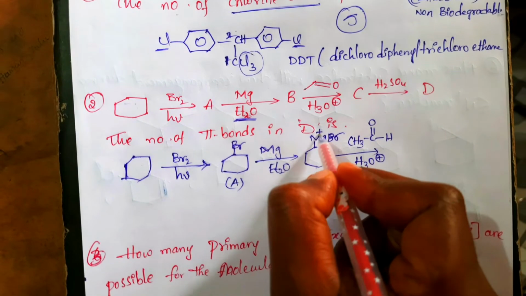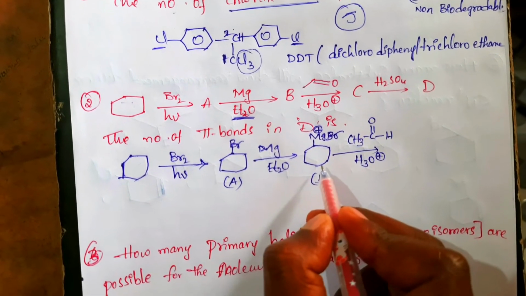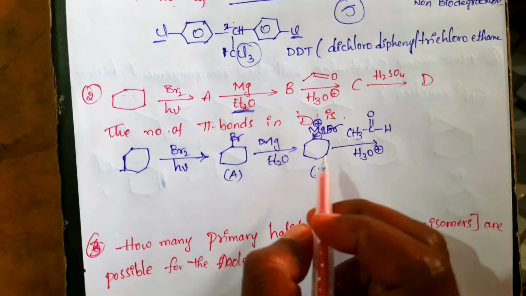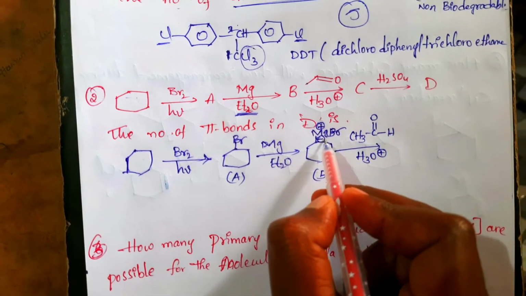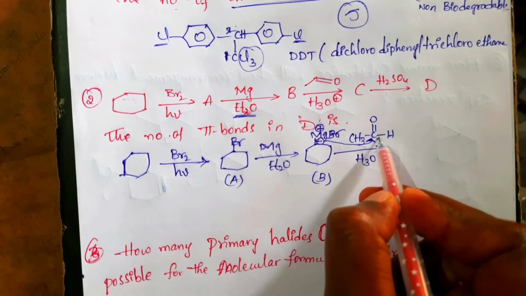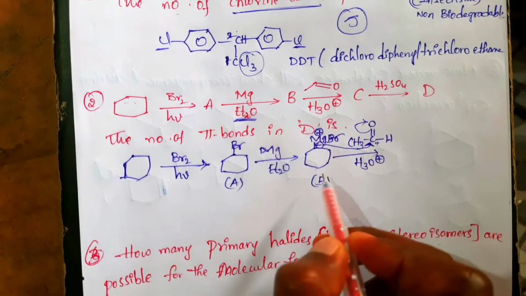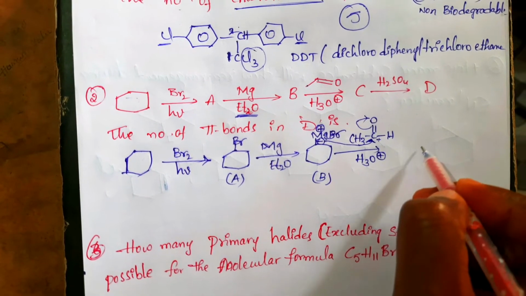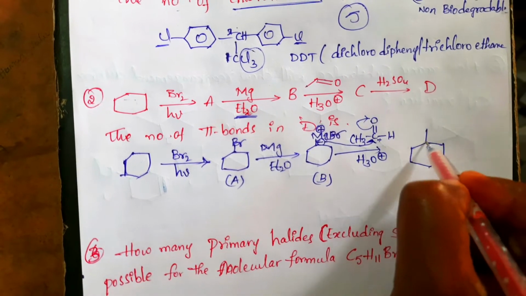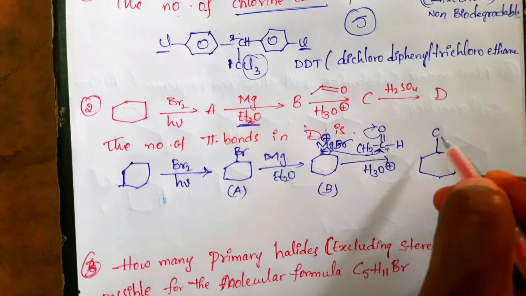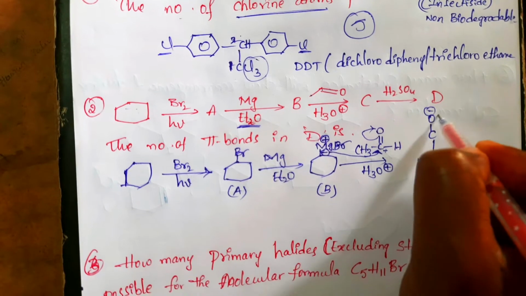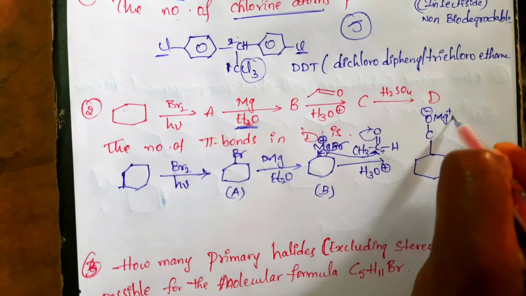Now the Grignard reagent is a nucleophile. This carbon gets the negative charge and this magnesium has the positive charge. The negatively charged nucleophile will attack the carbonyl carbon because it has the partial positive charge, and the pi bond is shifted. Then the cyclohexane will be bonded to the acetaldehyde carbonyl carbon, giving O minus Mg plus Br.